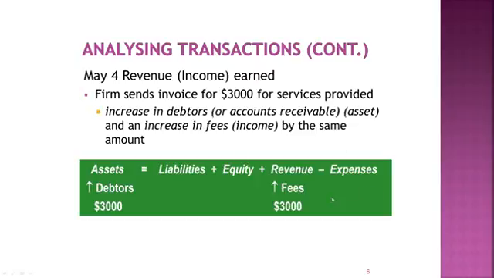Net profit overall increases equity. So therefore, revenue will increase owner's equity, expenses will decrease owner's equity. So to pop this one into our accounting equation, we're going to increase debtors by $3,000 and increase fees by $3,000.